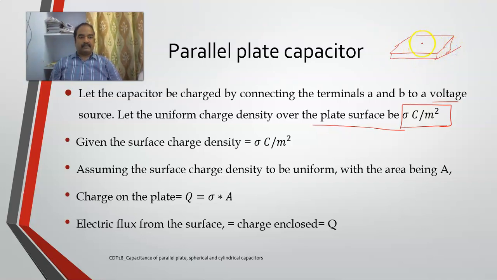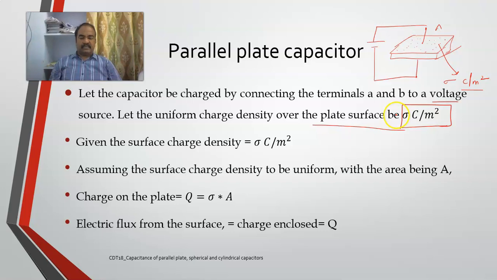Charges are being deposited uniformly on this plate, and also on the bottom surface, and this charge density is sigma coulombs per meter square, because this is an area. So I am taking the surface charge density.